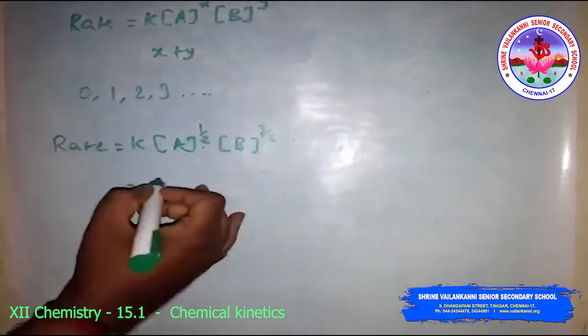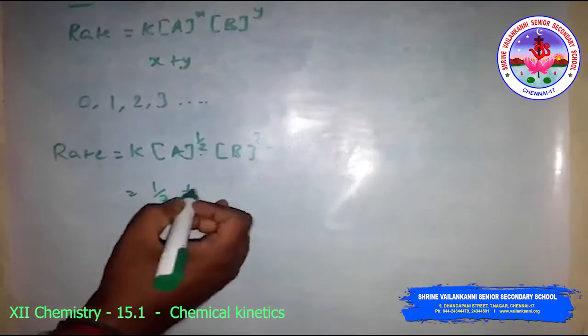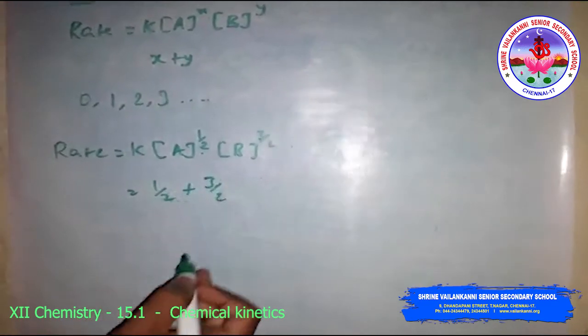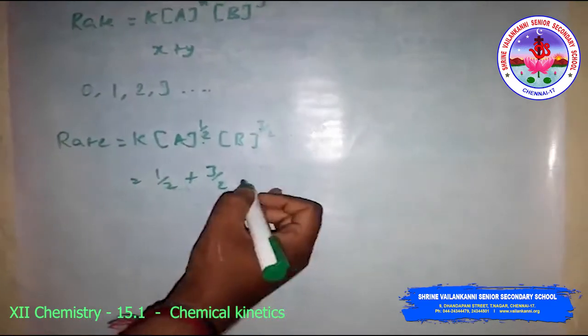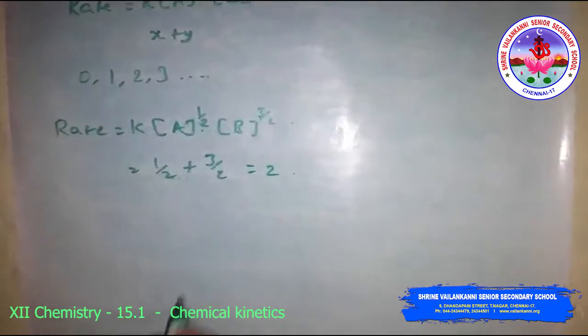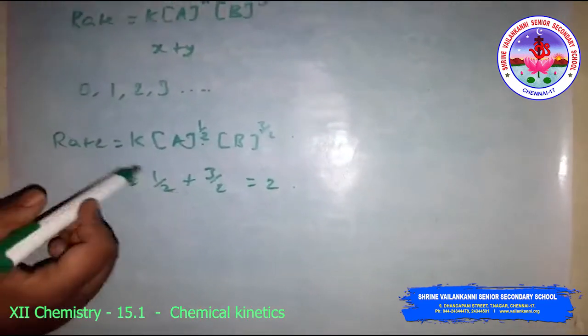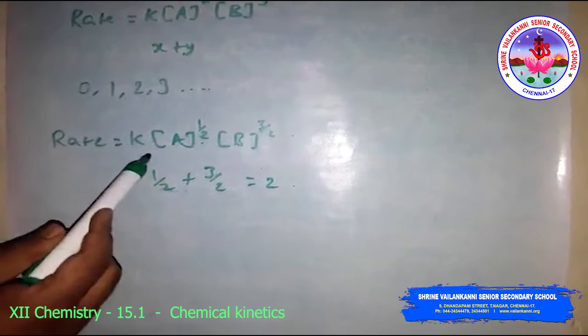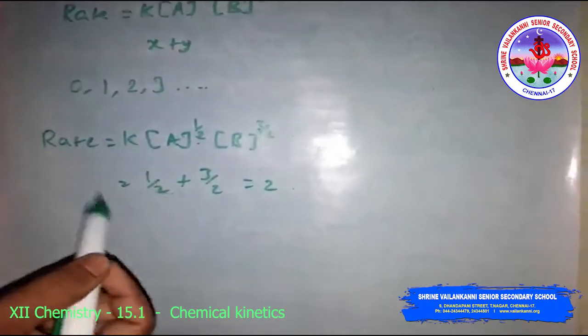This is x, this is y, x plus y, so 1 by 2 plus 3 by 2 becomes 2. So this is a second order reaction.